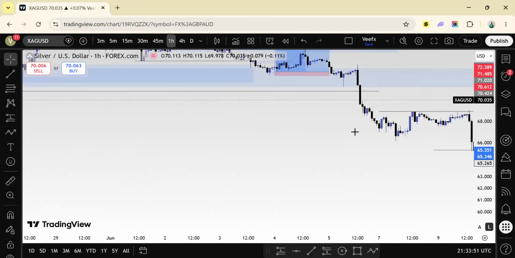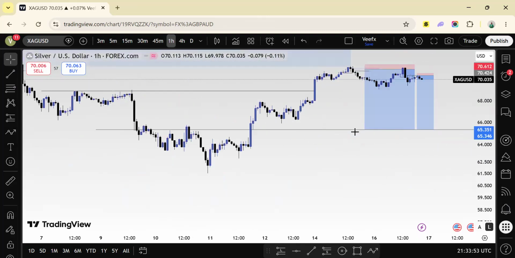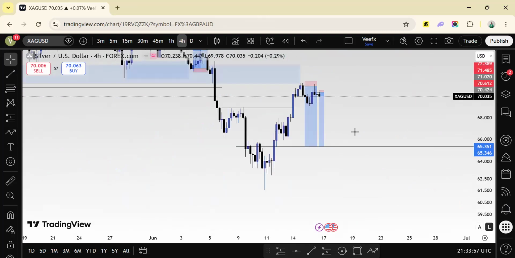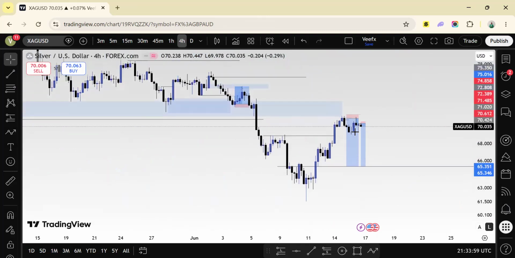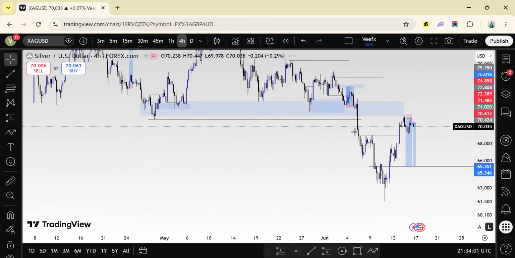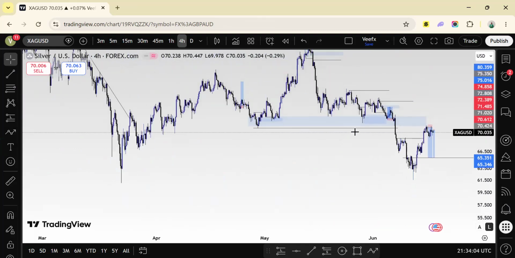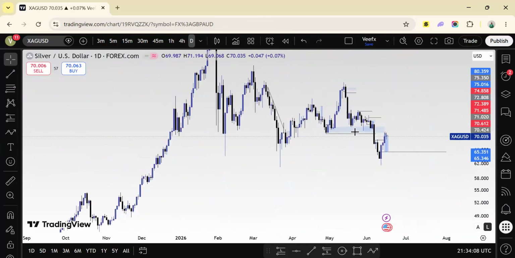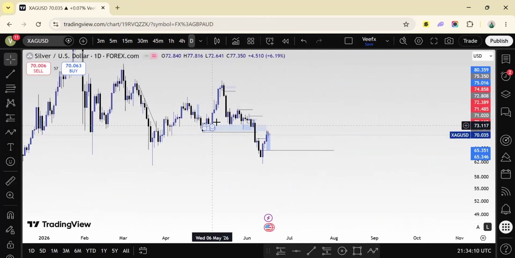On 4 hours, I was bearish on silver because the chart was bearish on, I think it was a daily time frame even. You can see it took out multiple lows. It took out this low, took out this low.